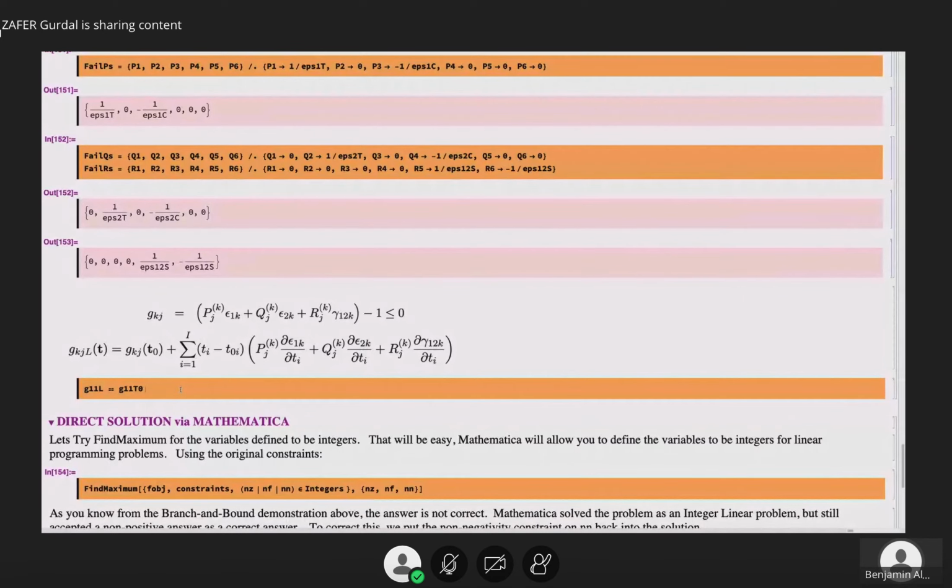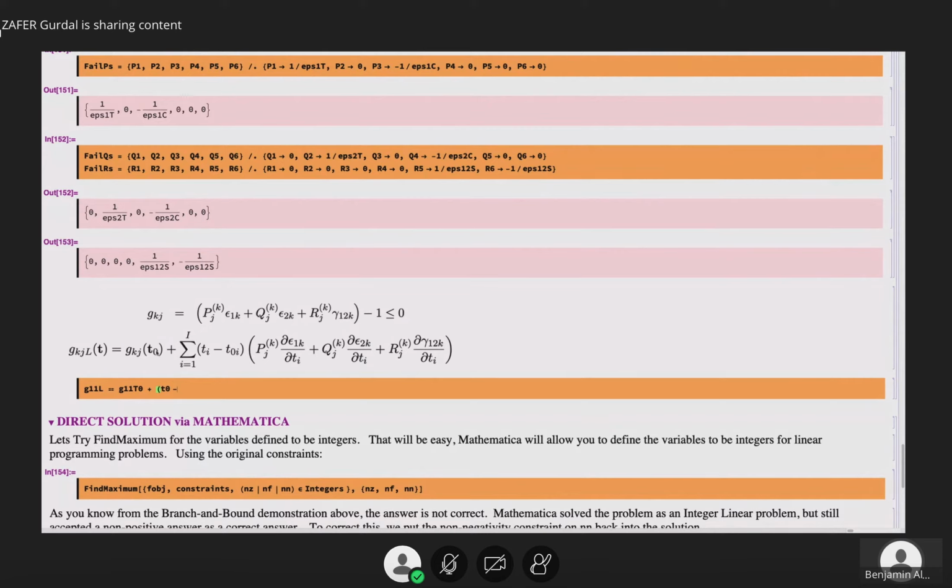So plus T0 minus... I have to find a way to differentiate these from these.